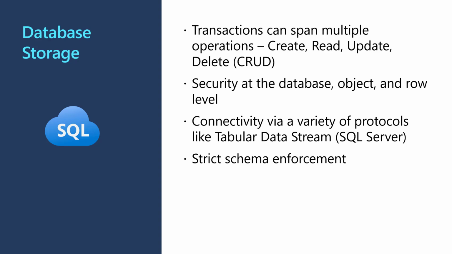And another key piece that's in play here is that databases will do strict schema enforcement. That means when you're inserting rows into a table, it's not going to let you insert character data into a numeric column, right? It's also going to give you the ability to apply rules like this column is required. This column has a length of 250 characters, so you can't put 251 characters in it. It's also going to give you the ability to say things like unique constraints on columns.